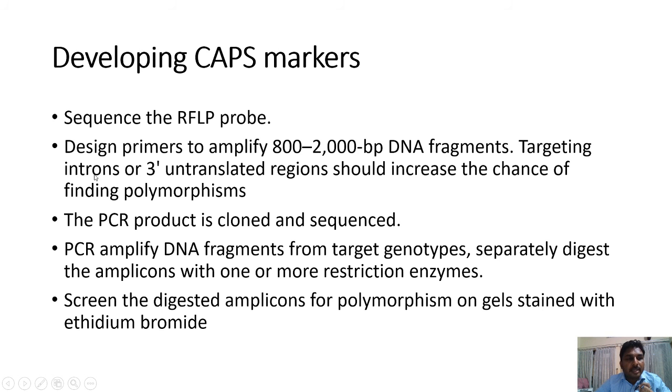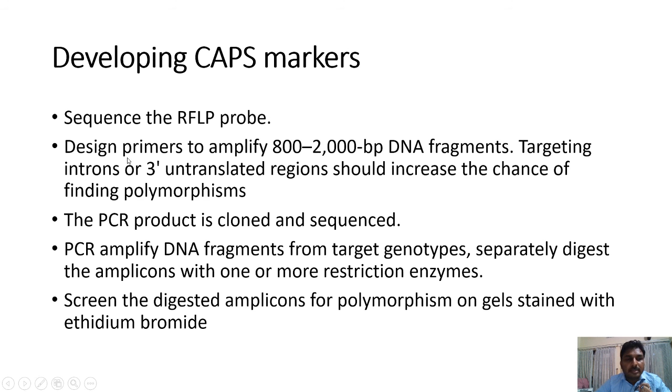If you develop markers against introns, you should know that introns are non-coding regions in the genome. These non-coding regions accumulate more mutations, so we can expect more polymorphisms over there.